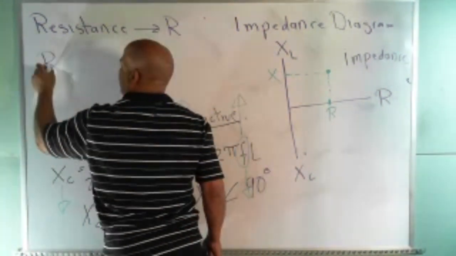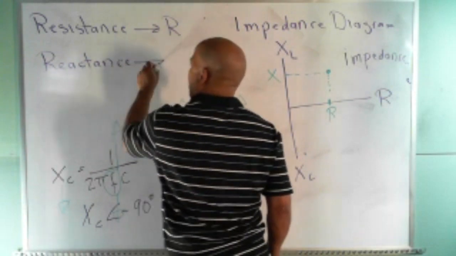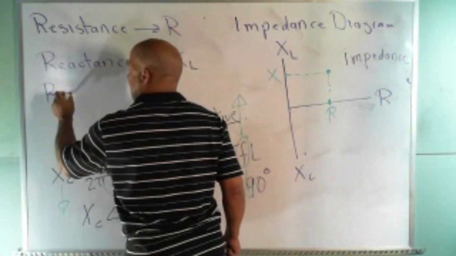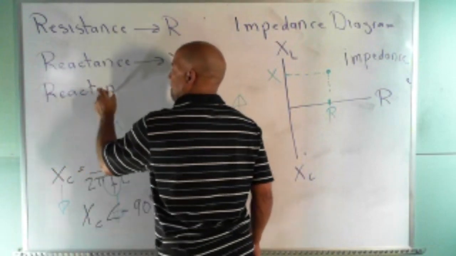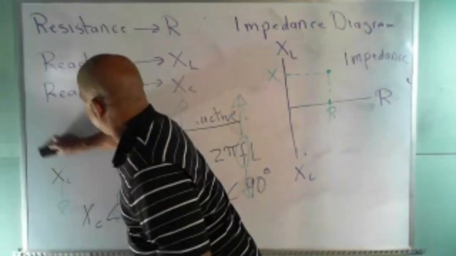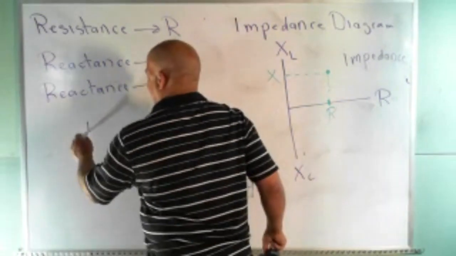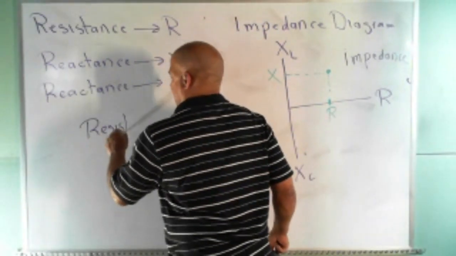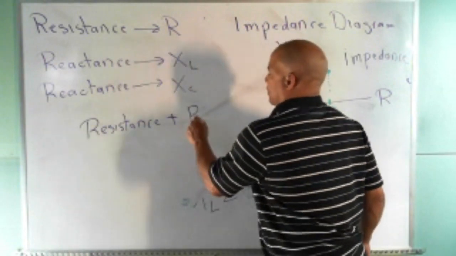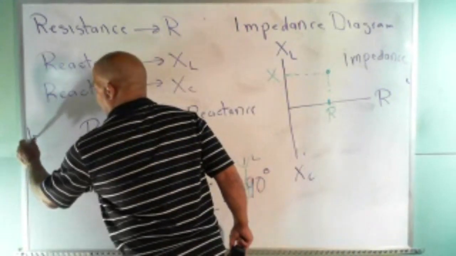We have reactance from an inductor, we have reactance from a capacitor, and if I have resistance mixed with reactance, then I have impedance.